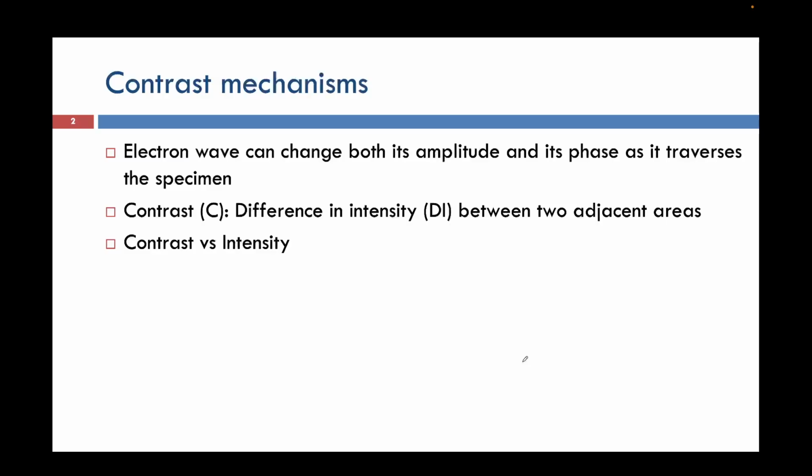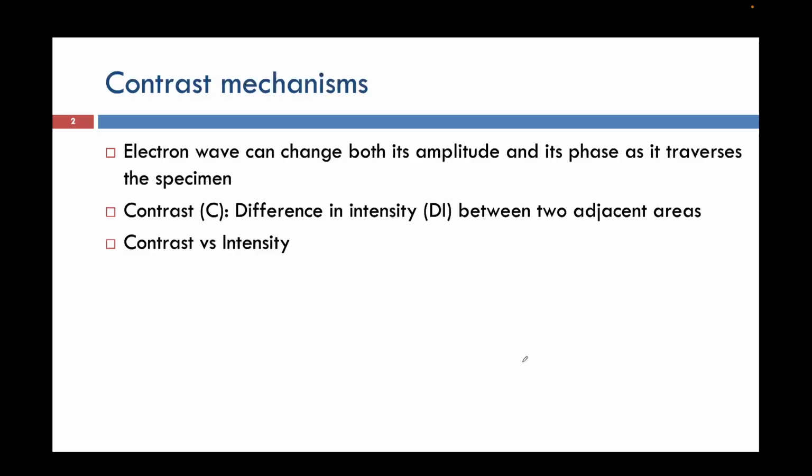We have to see what kind of features are there in our material, whether any unexpected features are present, and from which regions they are coming. To get the correct information from our material, we have to know the contrast mechanisms in our image.